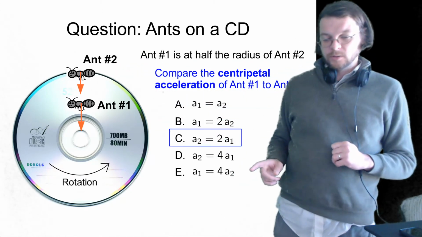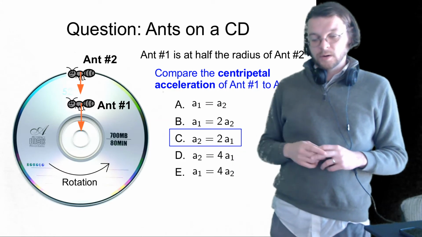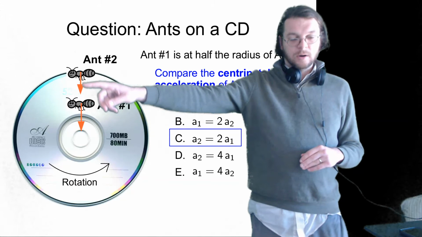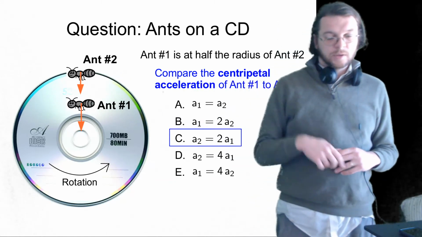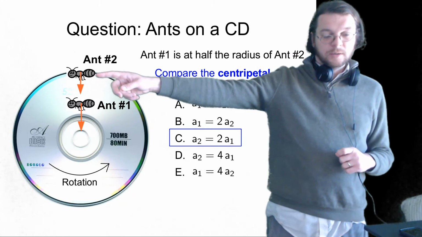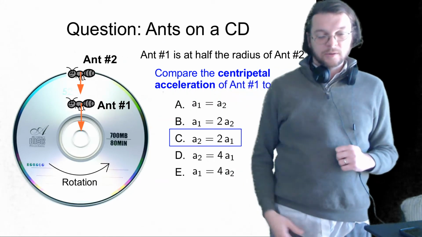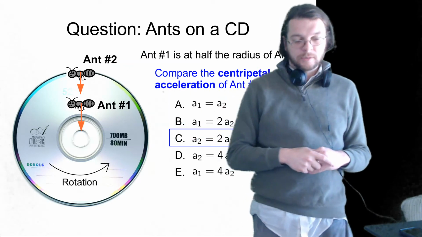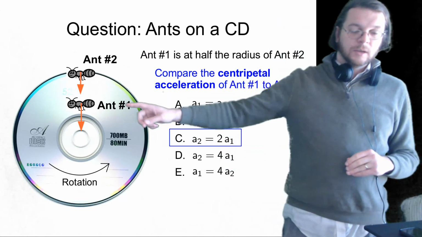So you'd think it was an acceleration that's a factor of 4, because of the v squared. But remember that the distance here is twice as much. The r is twice as much. So you get a factor of 4 from the fact that you're going twice as fast, but you're dividing by a factor of 2 because you're twice as far away. At the end of the day, this ant is accelerating twice as much as this ant.